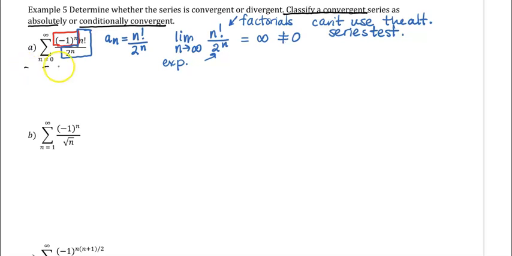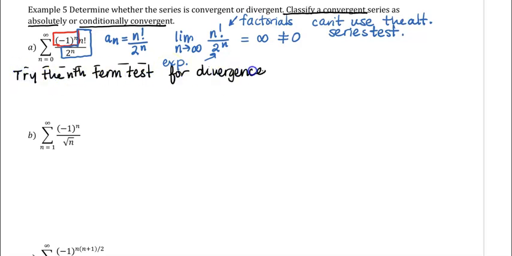If I have to start from scratch and try a new test, I would start with the nth term test for divergence. The nth term test for divergence tells me to take the limit as n goes to infinity of everything that is on the inside of our series.